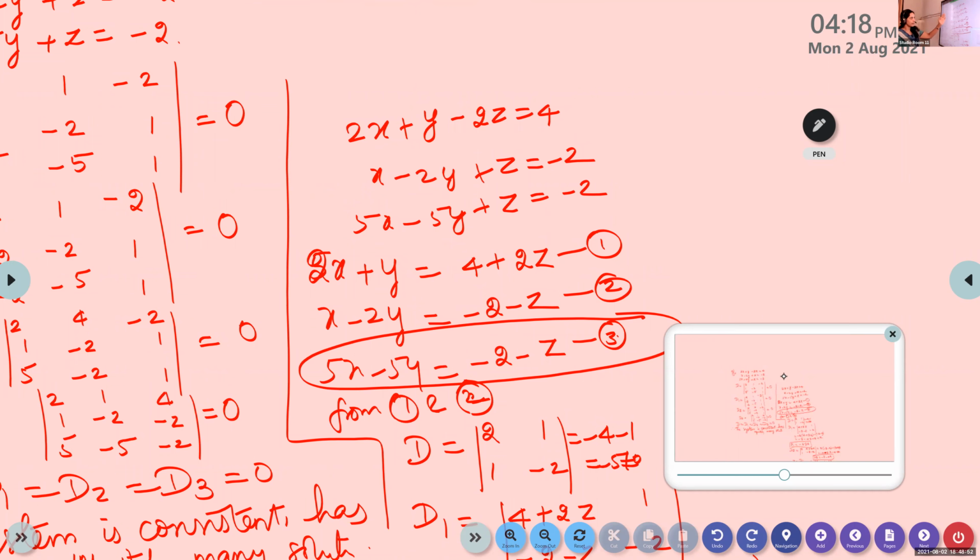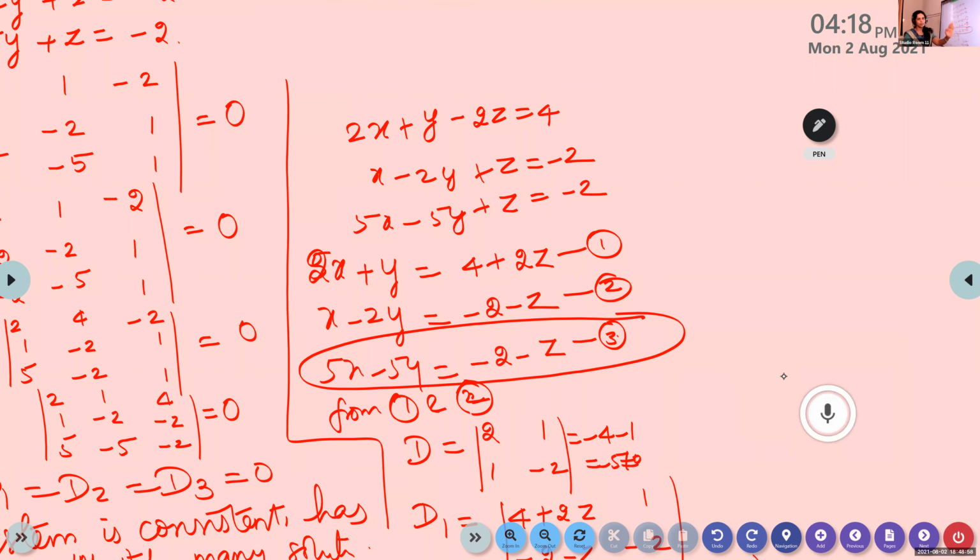In that case, we take one of the variables to the other side in all three equations. Usually we take z to the other side, but you can do it with x or y also, the same way. Now we take z to the other side, so we'll get three equations. Among these, you take any two equations.